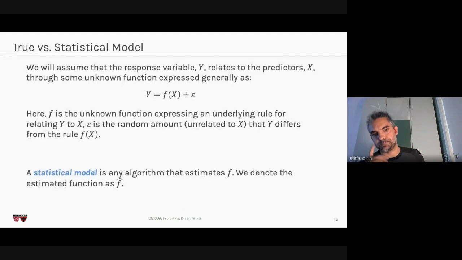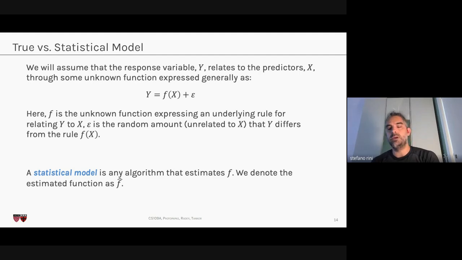Okay, good. So in general, we have to assume what the relationship is between the input and the response. This is also a very long discussion to be had, but usually you assume that Y is equal to a certain f of X plus epsilon.